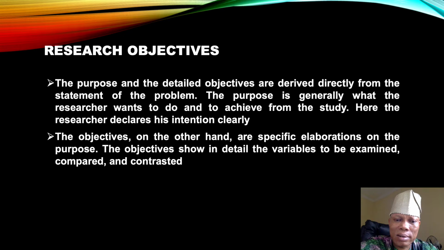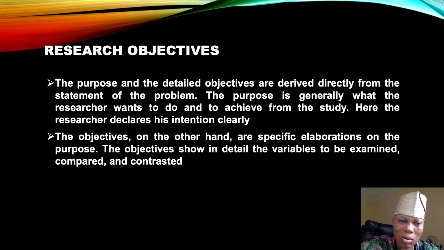Now let's look at the example I've been giving. The purpose: the effect of jigsaw cooperative learning method on students' academic achievements in government.